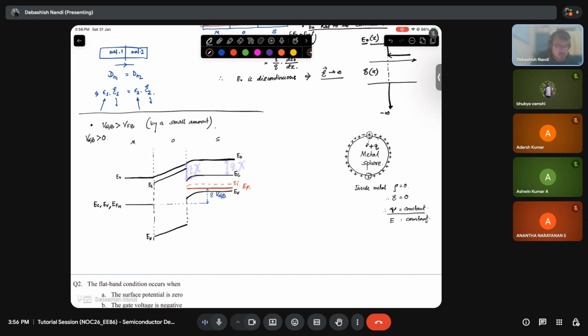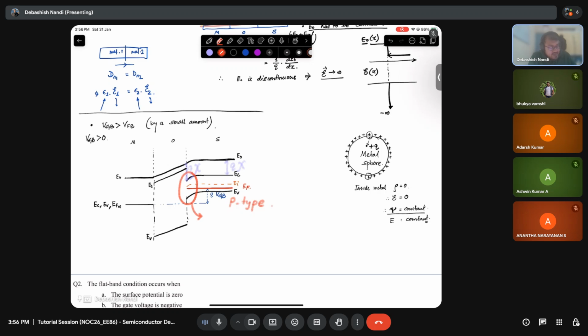So what can you comment now on the type of this? Let's say, what can you comment at the interface? So let's say this is of course your P type.